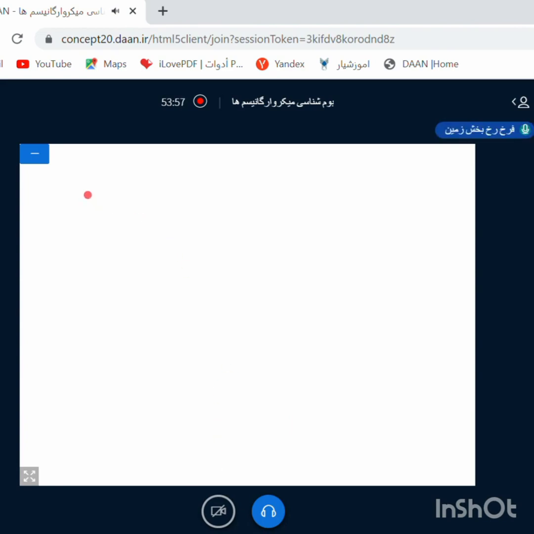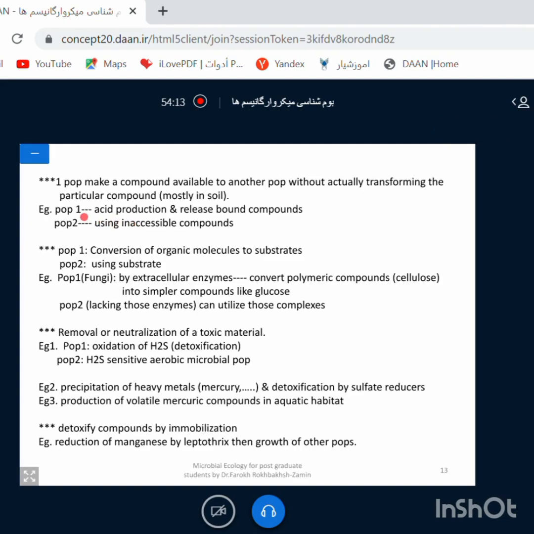Another one: a population makes a compound available to another population without actually transforming the compound, mostly in soil. It is the same as the previous example, for example, in the soil there is a lot of phosphate.